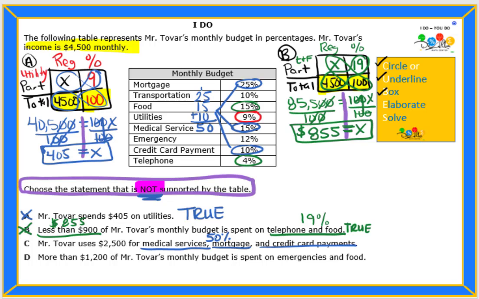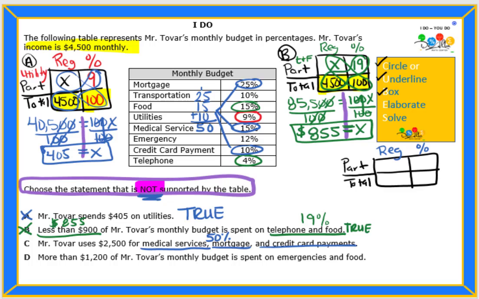We can also think about it that way. Okay, but I'm going to go ahead and set up the proportion just so we can see what it would look like. Put our part and total. We already know that for this one, we want 50%.